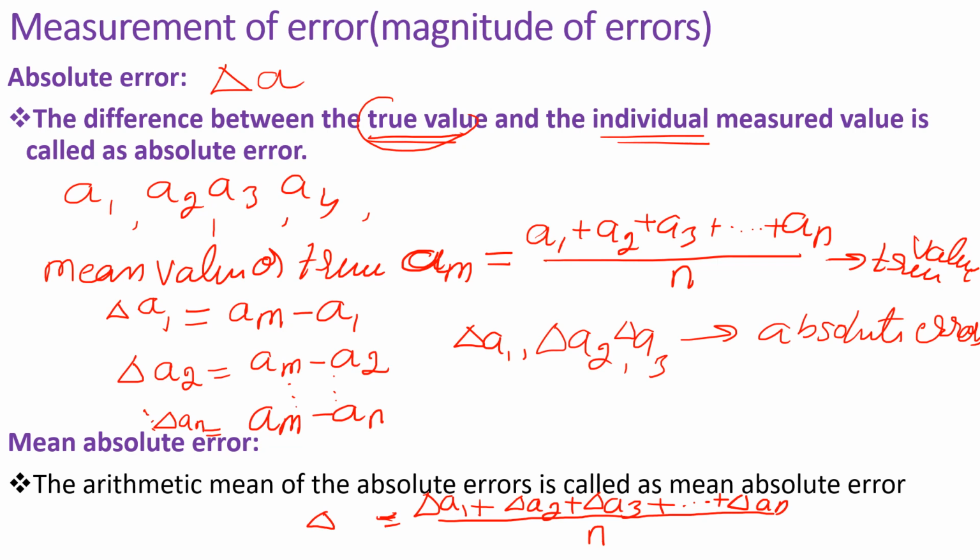I will write it as delta A mean. That is nothing but the mean absolute error, the mean of the absolute errors. That itself is called the mean absolute error.